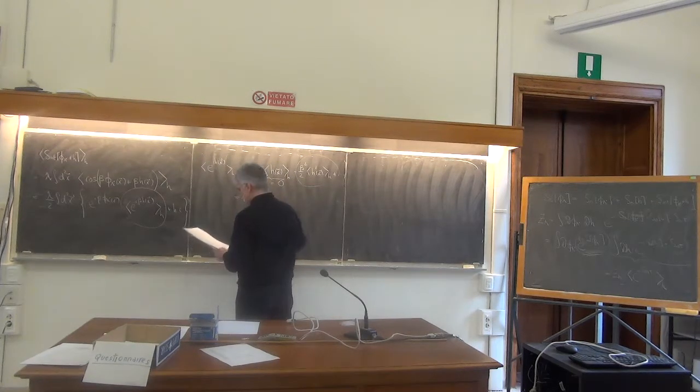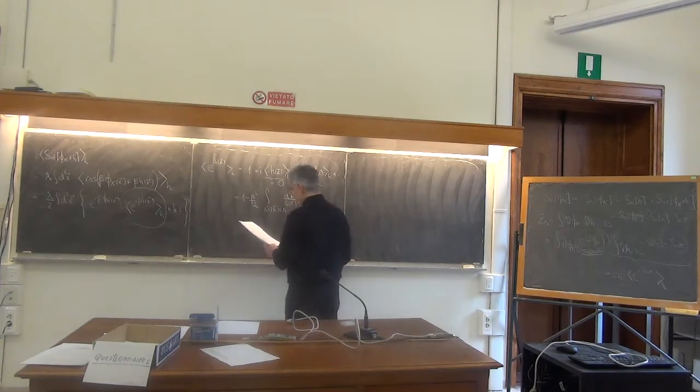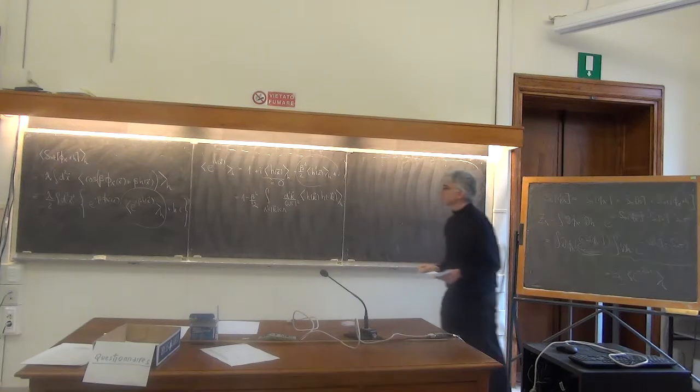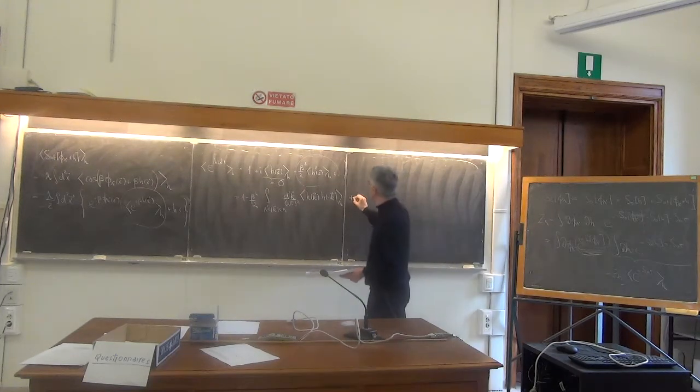And here then I get the integral in my slice, d squared k over 2 pi squared h of k h of minus k, plus dot dot dot.